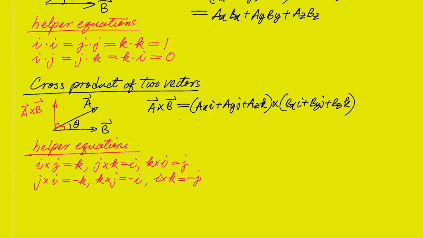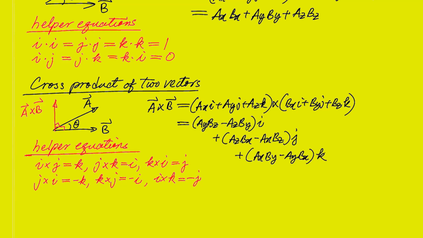With this knowledge, we can now perform cross product between A and B, and the result will be written in component form: i component, j component, and the k component.